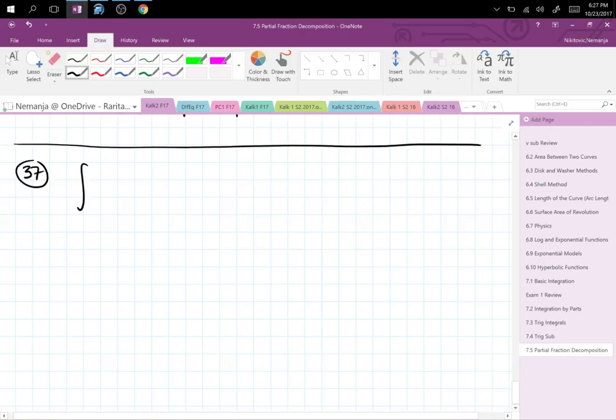We start with, well, let's revise: x squared minus 4 divided by x cubed minus 2x squared plus x dx. You might be responsible for factoring, which is okay because you learned that in algebra.